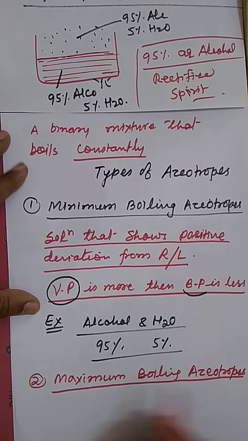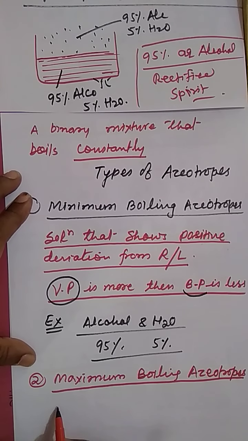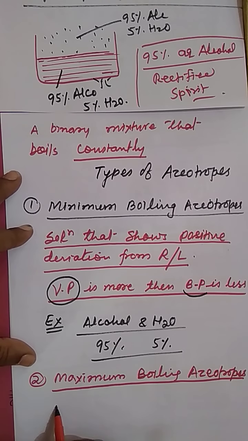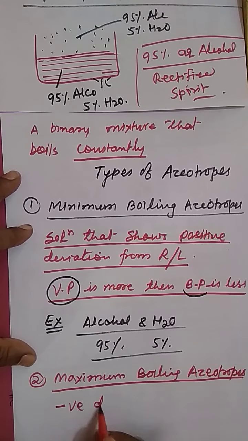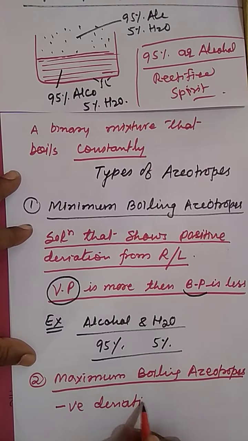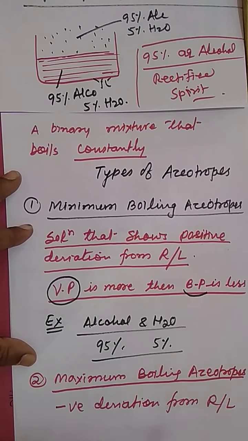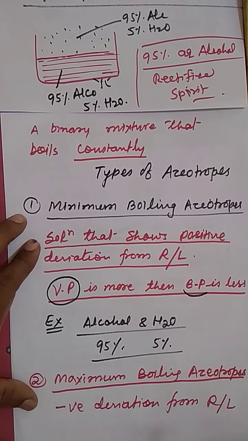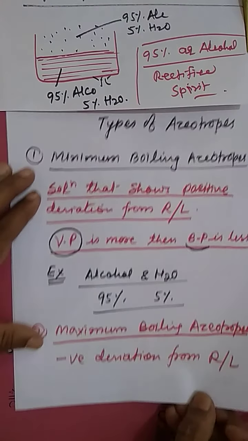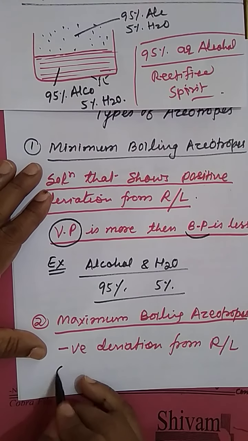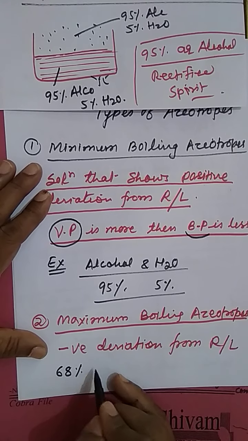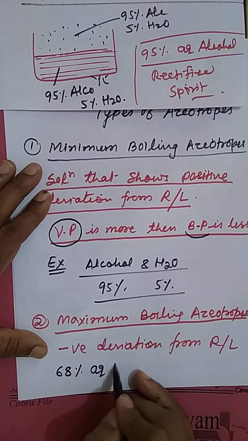So you can guess that shows negative deviation. Negative deviation from Raoult's law, right? So you can put an example, 68% aqueous solution of HNO3.